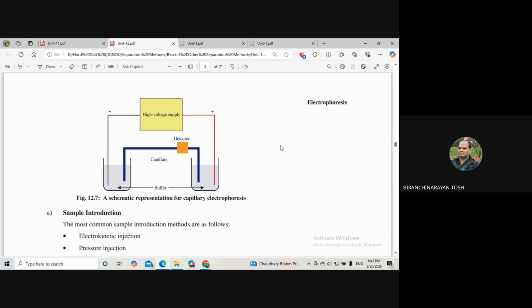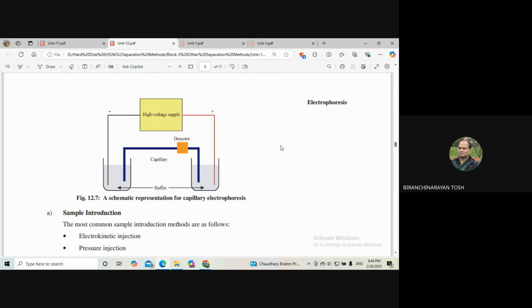Instead of staining the samples as in slab electrophoresis, there is a quantitative detector at the end of the capillary. The capillary can also be filled with a gel which eliminates the electroosmotic flow. Thus, the separation is accomplished as in conventional gel electrophoresis, but the capillary allows higher resolution, greater sensitivity, and online detection.